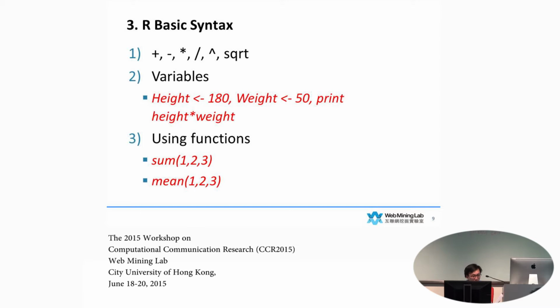And the variables, okay, we use another variable, for example, the height, and we can assign a value to it. Use the equal sign. Actually, you can use the arrow sign. Like this. Actually, the two are equivalent, okay?